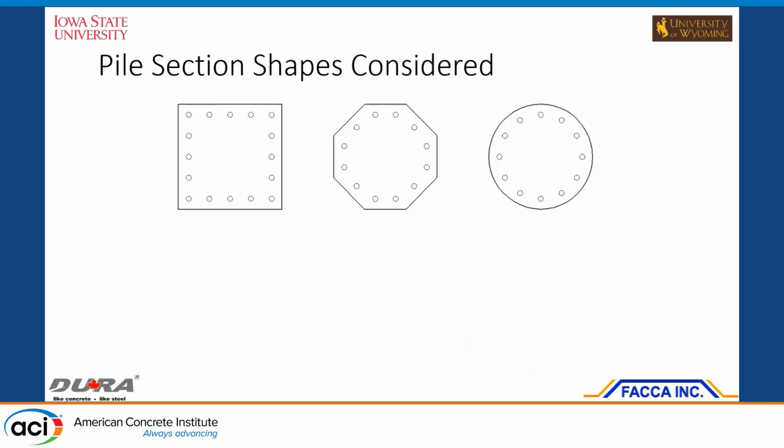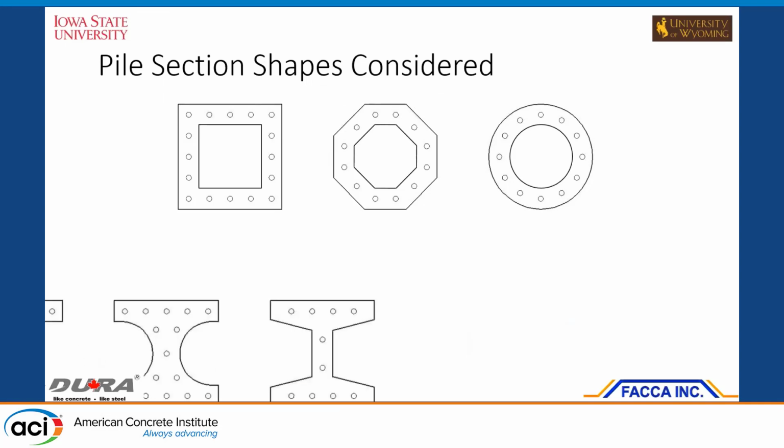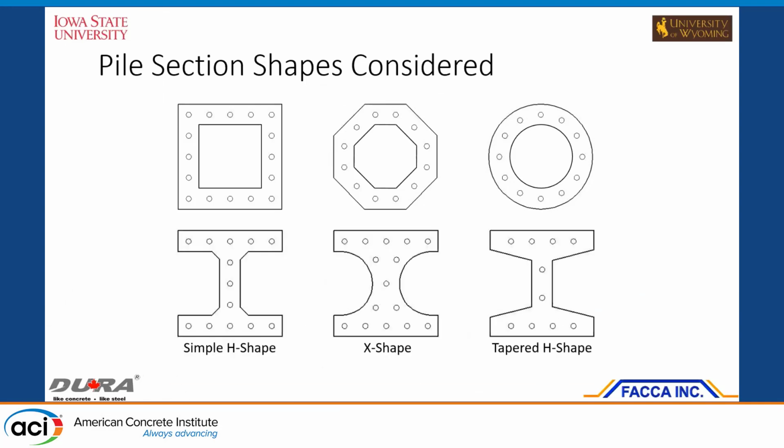The effort was funded by the Iowa Highway Research Board as a high-risk, high-reward type program that they had at the time. Just like any concrete pile, we started with solid, typical precast concrete pile sections, but the cost was pretty expensive. We moved to hollow sections, but precast fabricators said they couldn't cast those, at least at the time.